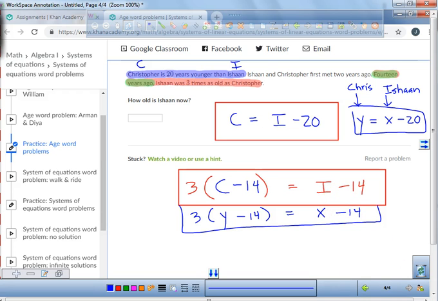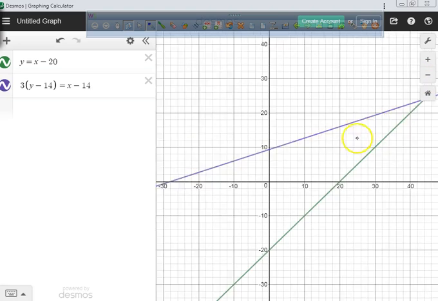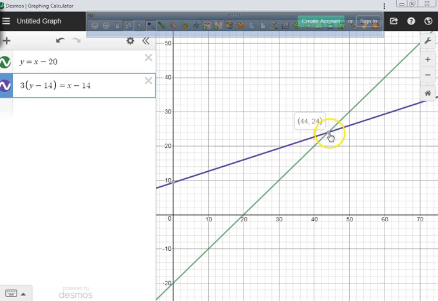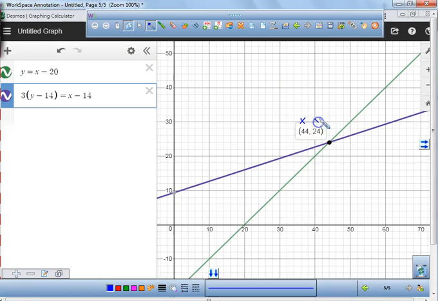Alright? So now we're going to go back to Desmos. We're going to zoom out. We're going to see where the 2 lines meet. Alright, so we just found our answer in terms of x and in terms of y. So I'm going to make a little table here, and we're going to check our answer to see if it makes sense.